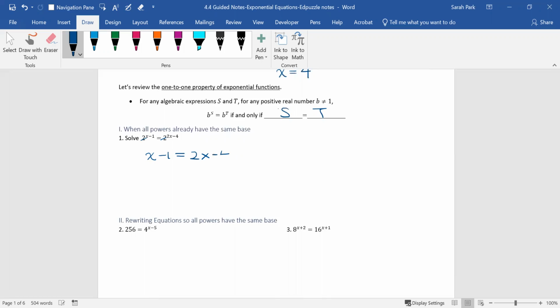Then it becomes a regular linear equation, where we can solve by subtracting x on both sides to cancel this x, and then here we can add 4 on both sides to cancel this 4. And so we would get x is equal to 3.